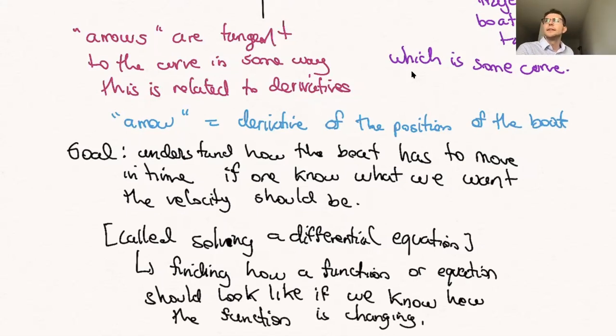So a very silly example would be, say they told you, oh, here's a bank account, right? You know that at the beginning of the year you had $100, and I will tell you each day how much money you're going to be adding or subtracting to this bank account.